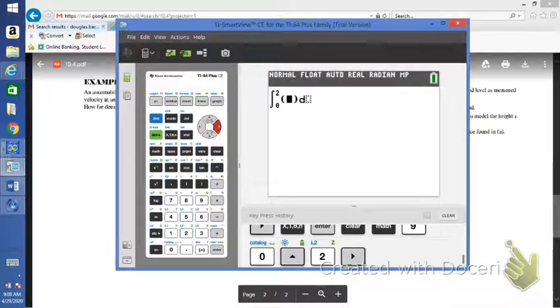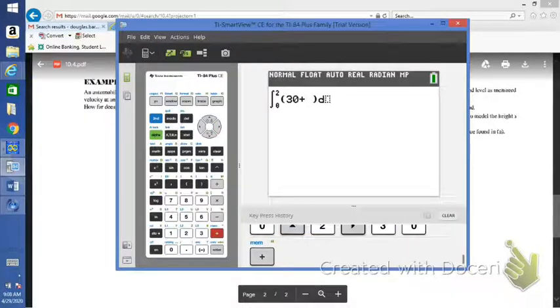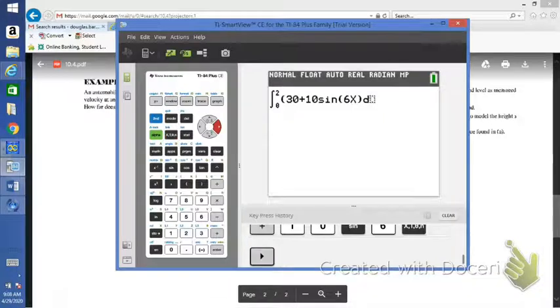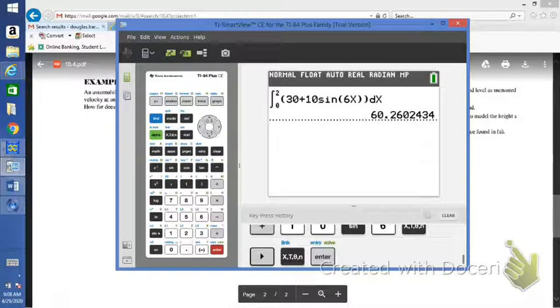What is the function again? 30 plus 10 sine of 6t, but instead of t we have to put x. Our variable has to always be x on the calculator, and then dx. And hit enter. And there you have it. Alright, so if we interpret the answer here, we conclude that the automobile travels 60.26 miles.